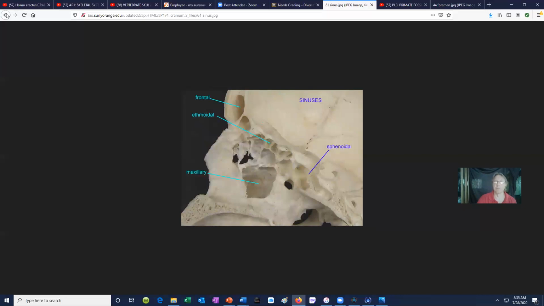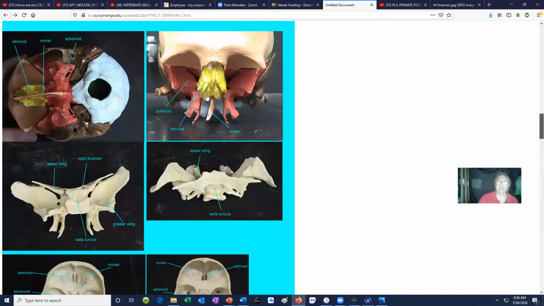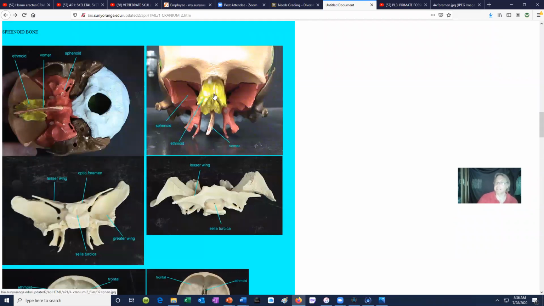The maxillary bone is the one bone of the face which has a sinus. Now, the ethmoid, here it is in yellow. Once again, it is easy to see if the face is removed, but when the face is present, obviously this is difficult.